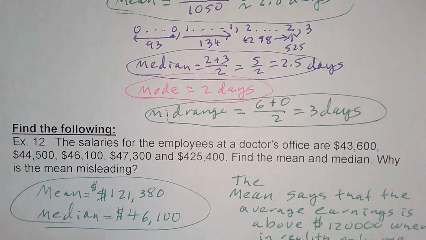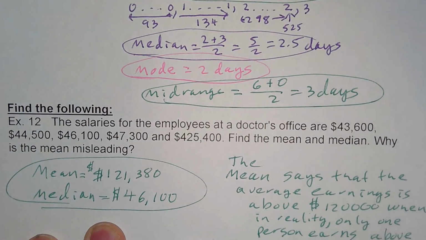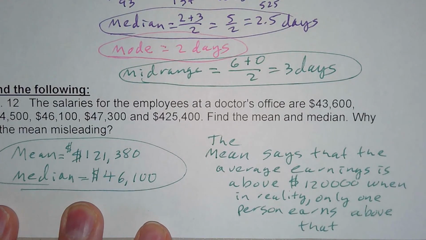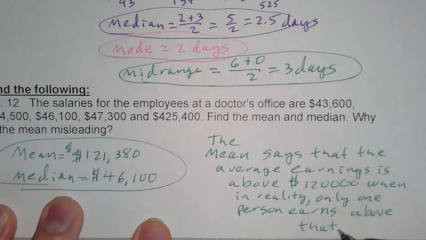So the mean says that the average earnings is above $120,000, when in reality only one person earns above that. And that's basically how our mean can really skew our results.